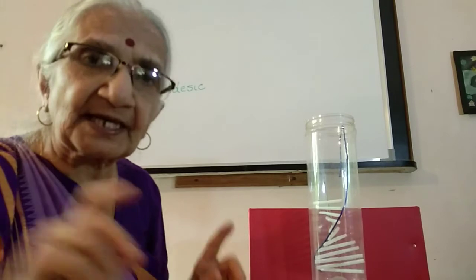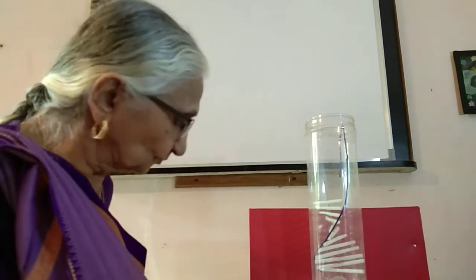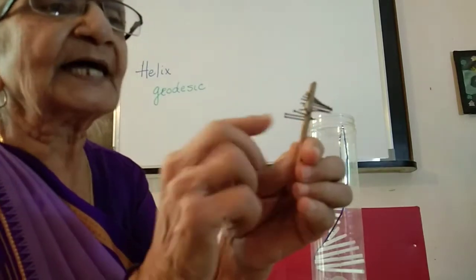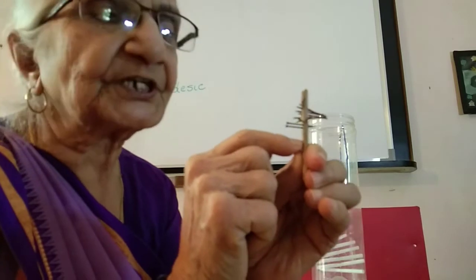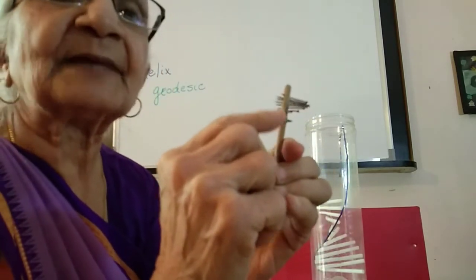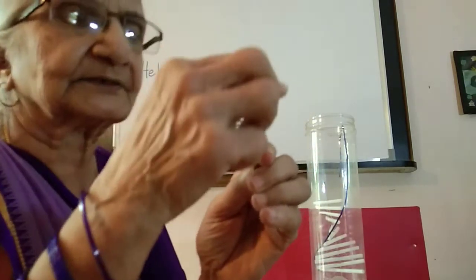Now in order to make this, that is the second thing we want to do, you can just take a broomstick and some pins and poke them perpendicular to the broomstick and moving at the same angle, upwards at the same angle.